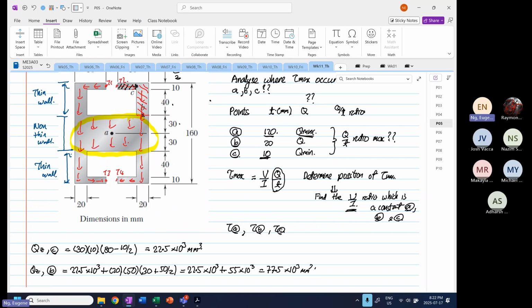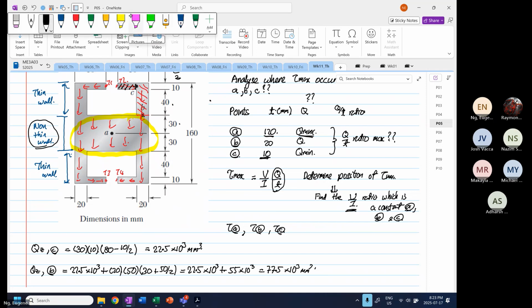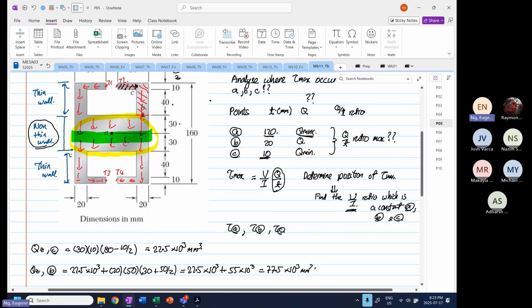And now the next thing is we want to find the first moment of area at point A. At point A, it is non-thin wall analysis. For non-thin wall analysis, the area that we're going to take, I'm going to highlight in green, is this area over here.